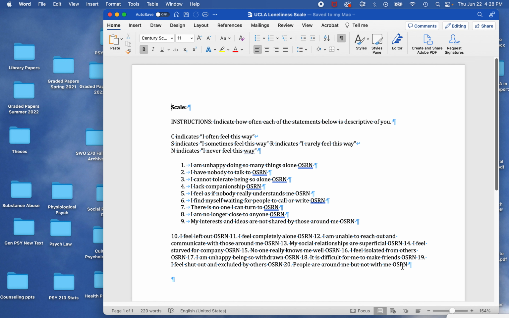Intervening variables: depression will test as loneliness, and there are different definitions for loneliness and for depression. Loneliness may be situational or momentary, so it will look like they are lonely, and those are the intervening variables. Sampling technique would be random.